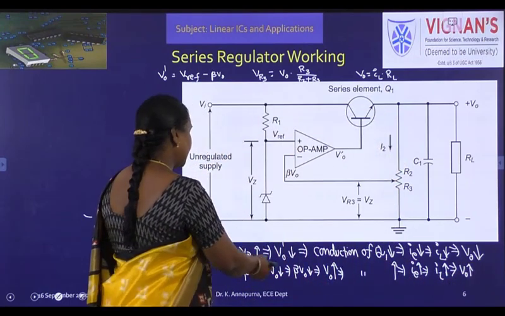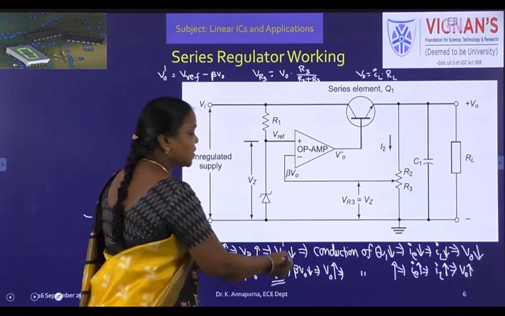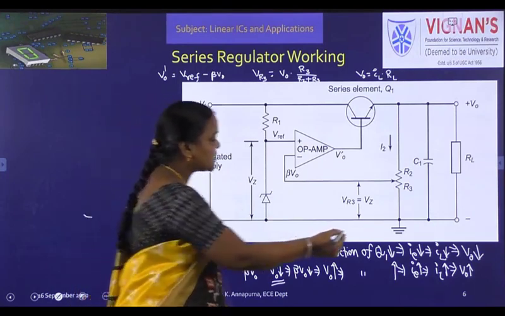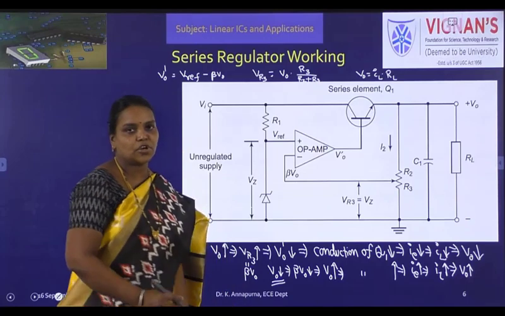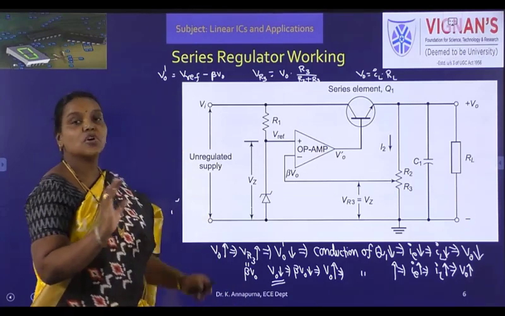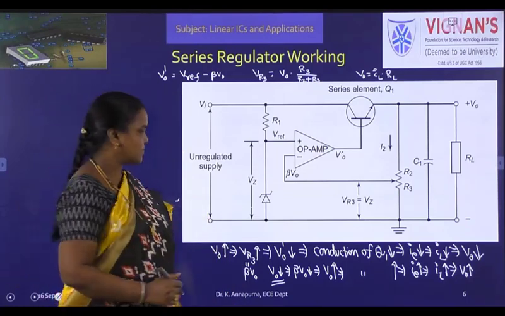So here initially it is decreased because of some reason, so it will compensate that decrease by increasing V0. So finally it maintains constant output voltage.